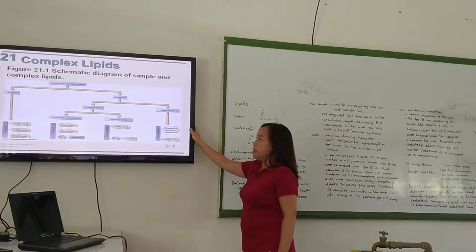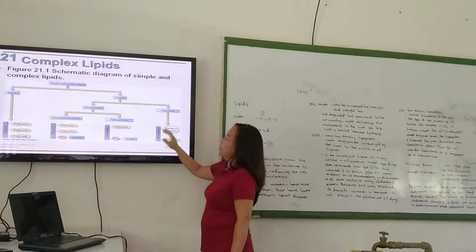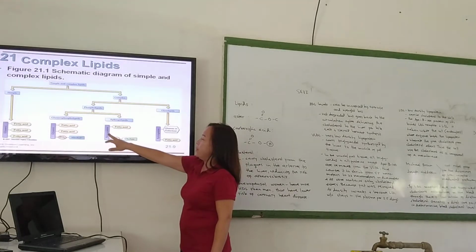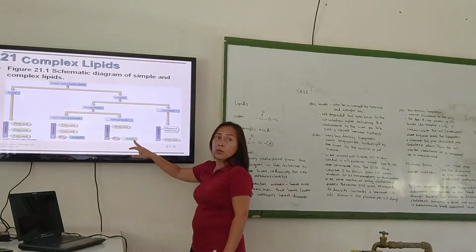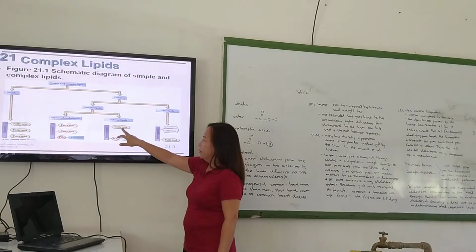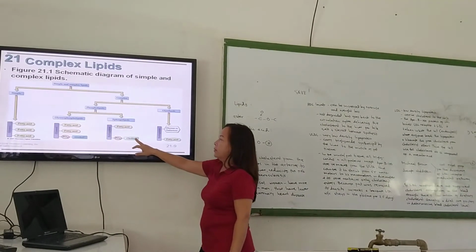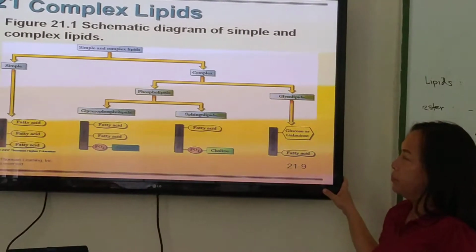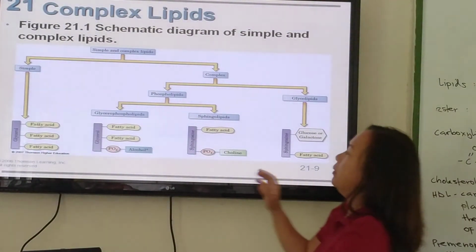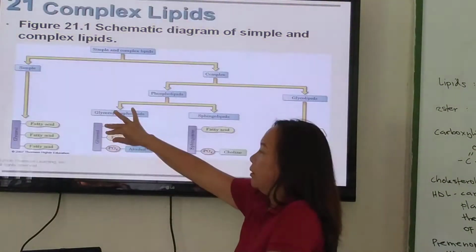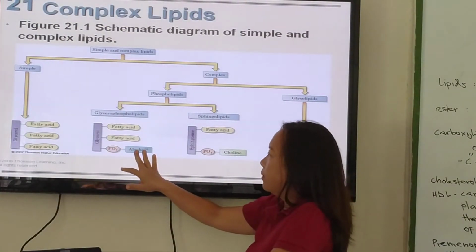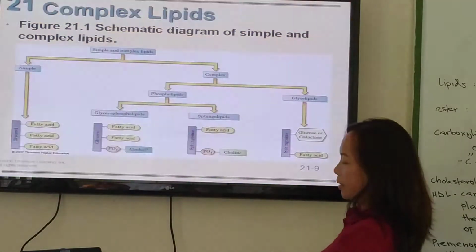Now for sphingolipids, they consist of fatty acid, sphingosine, phosphate, and choline. Very complex. Okay, those are some examples. Then we also have the glycerol phospholipids. You have the glycerol and the fatty acid, but they are composed of phosphate and alcohol. Okay.